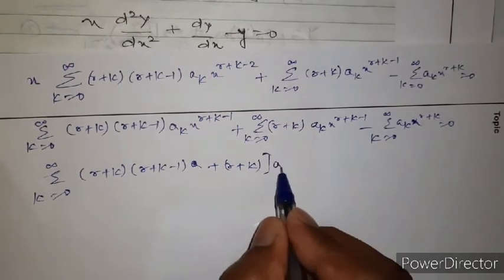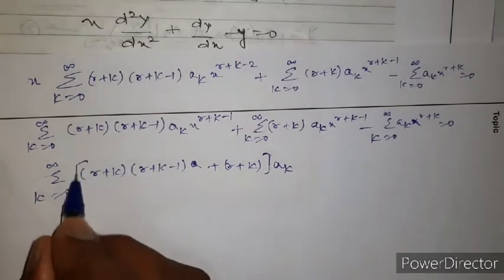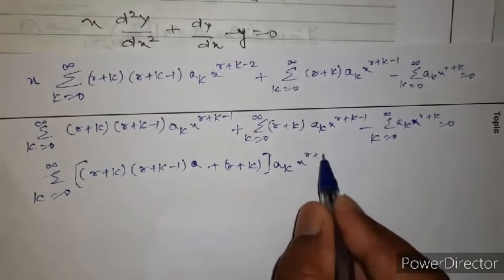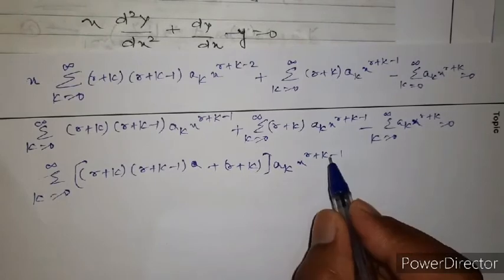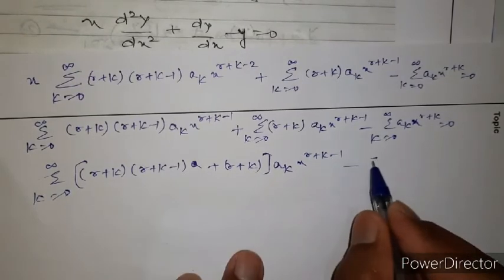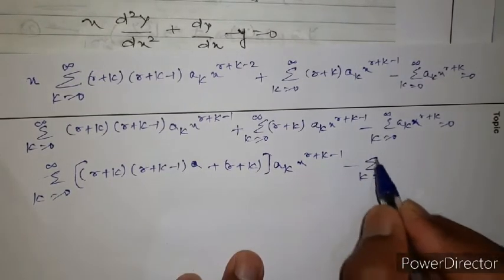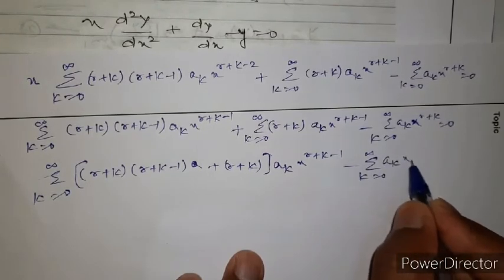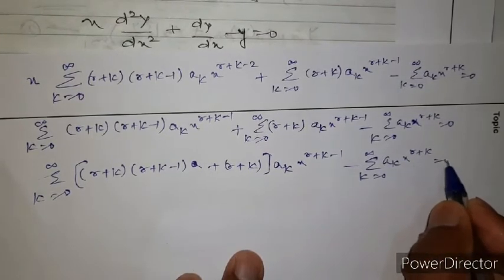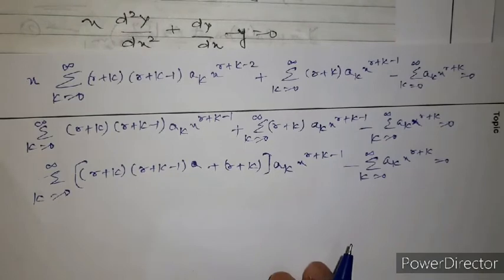Then x raised to r plus k minus 1, correct, minus summation k equal to 0 to infinity a_k x raised to r plus k is equal to 0. Understood this step? Now which is our lowest degree term?